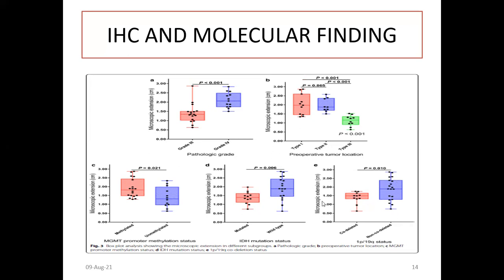You can see the microscopic extension in the vertical line, and the parameters in the x-axis. But molecular profiling has not been taken into account in glioma consideration; in future it will help guide us in a better way.